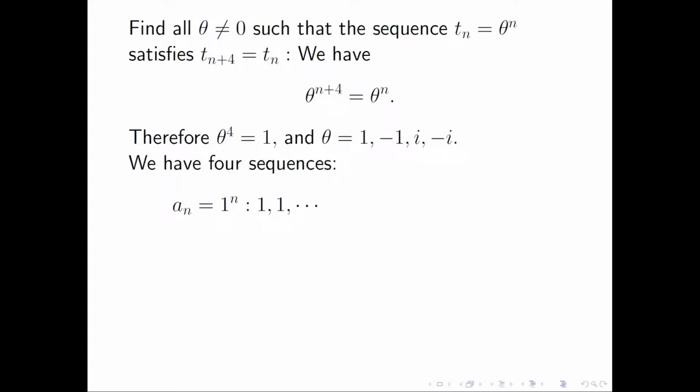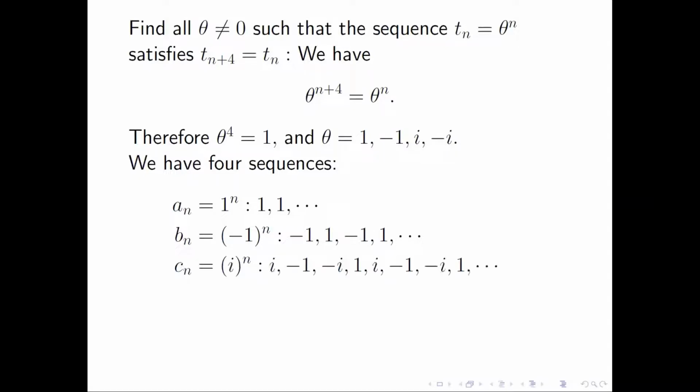Then we have 4 sequences. The first one, a_n, is 1 to the power n, that's 1, 1, 1, 1, and so on. The second one, b_n, is (-1) to the power n: -1, 1, -1, 1, alternately.